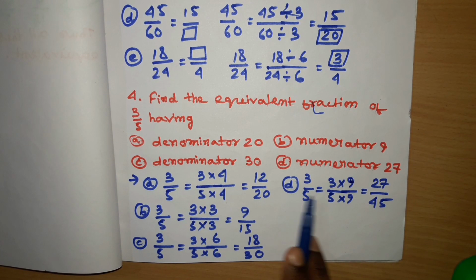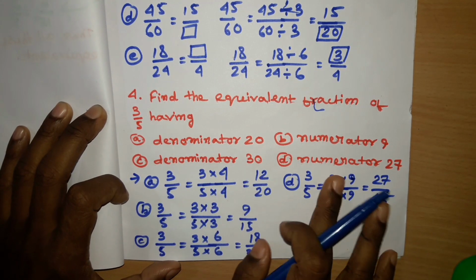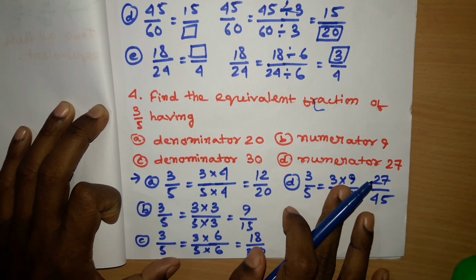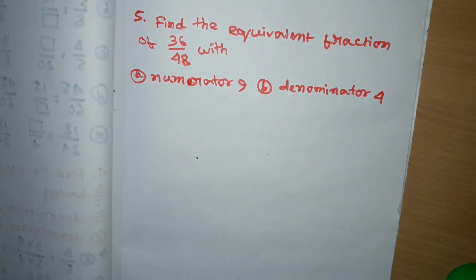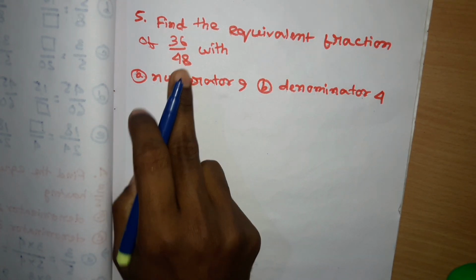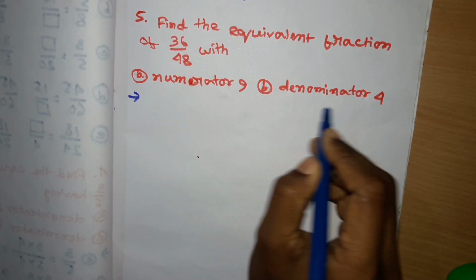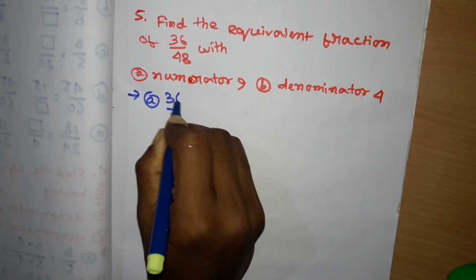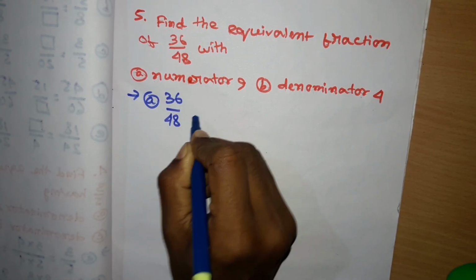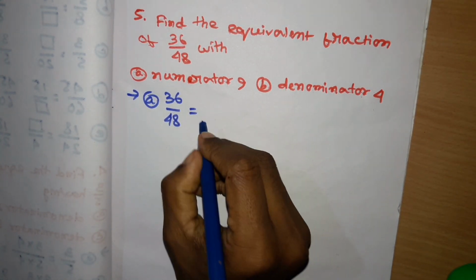Same way I did all the questions, and we got all the equivalent fractions of 3 by 5 according to our given question. In the next question, we have to find the equivalent fraction of 36 by 48 with numerator 9 and with denominator 4. So we are doing number A, 36 by 48. We want numerator 9.